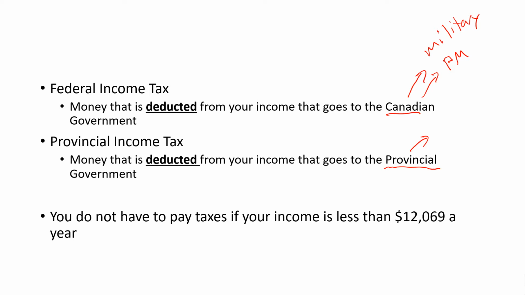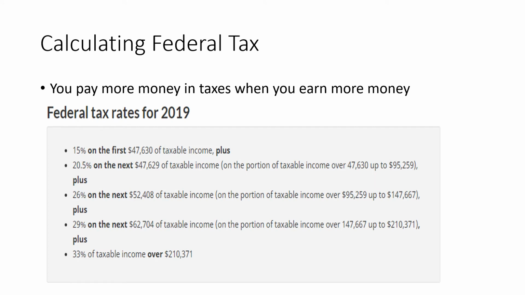Now, if you make less than $12,069, you do not have to pay income tax. Today we're only going to be focusing on federal income tax. So this is how you calculate federal income tax.